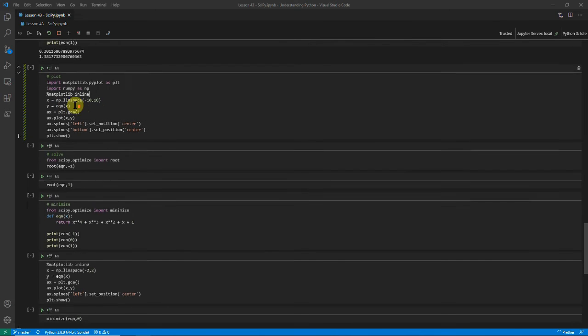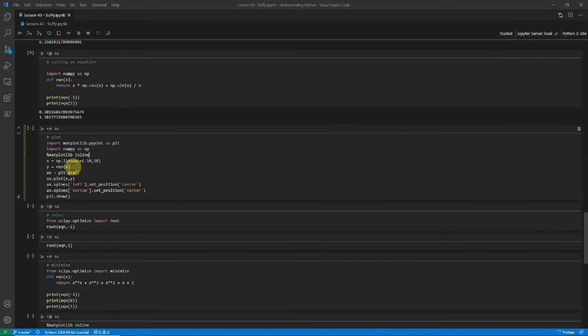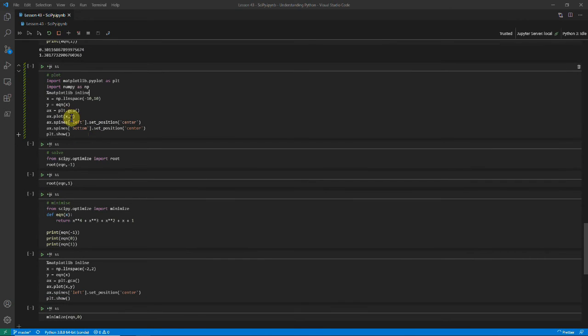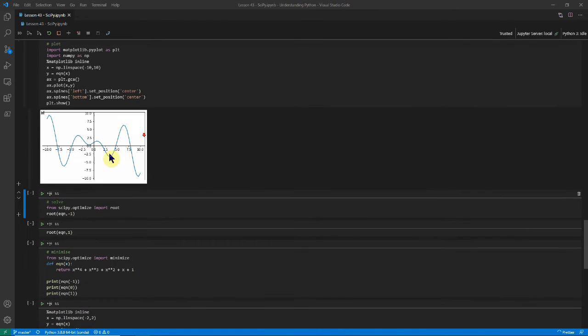And y is the equation of x, so it will apply the equation to each of the values. And then here we're just plotting x against y and moving the axes around. And you can see that the graph looks something like that, which would be horrendous to solve. You can see there's a root there, and a few others.